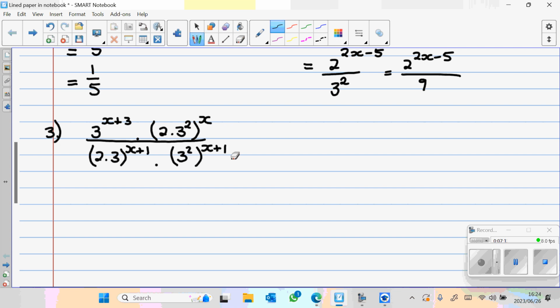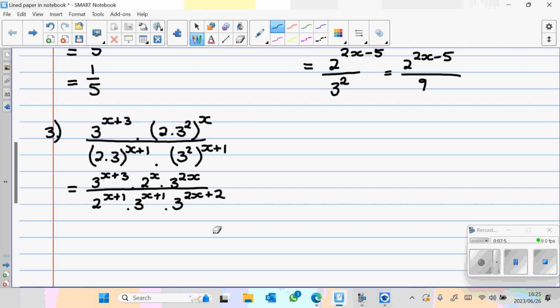Now, if I continue with that, I have to take the exponents on the outside to the inside. So I have 3 to the power of x plus 3 times 2 to the power x times 3 to the power of 2x over 2 to the power x plus 1 times 3 to the power x plus 1 times 3 to the power of 2x plus 2.